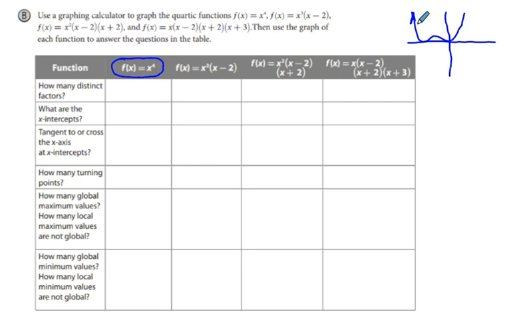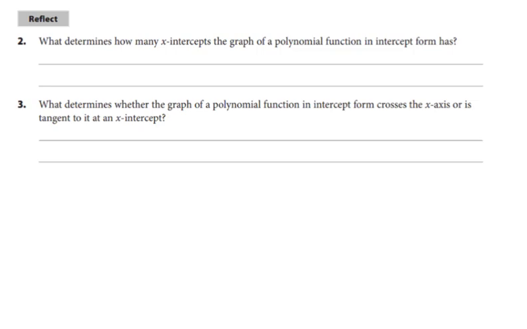So for these, our range is going to be limited: there's going to be a minimum value. But I don't want to go into the details of that. You might do that in class. And reflect.